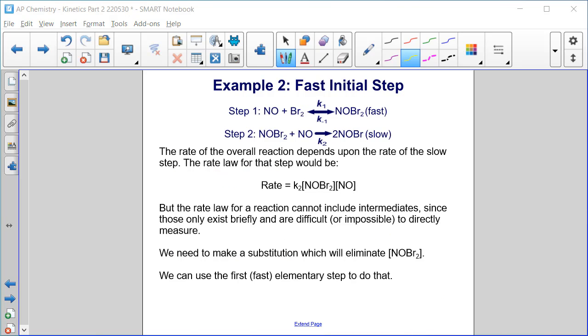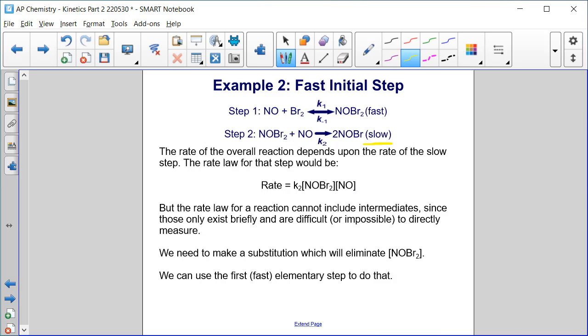The rate of the overall reaction depends upon the rate of the slow step, which we see here is step 2. Remember, the example here is for a fast initial step, so that would mean the second step is the slow step. The rate law for that step would be what we're calling K2 times concentration of NOBr2 times concentration of NO.